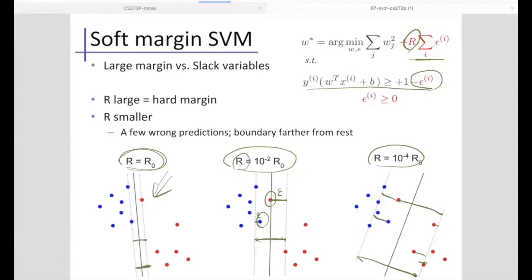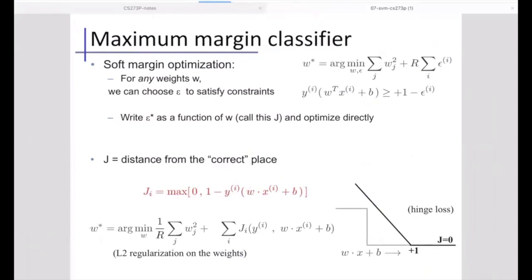Suppose I want to encourage generalization. Let's increase the margin. So I'm willing to sacrifice and make some mistakes here, but as a result my margin is bigger. As a result, you can see that it's balanced. So even for linearly separable cases, I might want to use soft margins. So it's a more general case here.